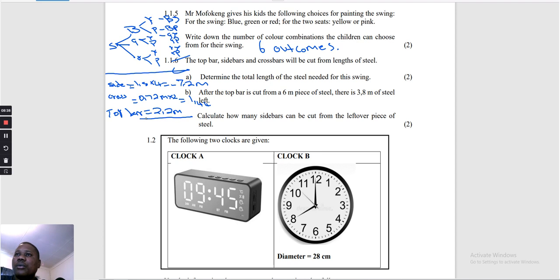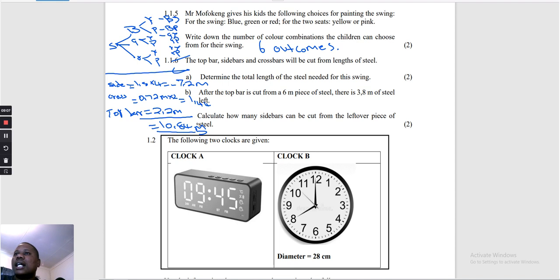And then we add everything. 7,2 plus 1,44 plus 2,2. Then the total length must be 10,84 meters. Right, then that is the total length that needs to be bought.